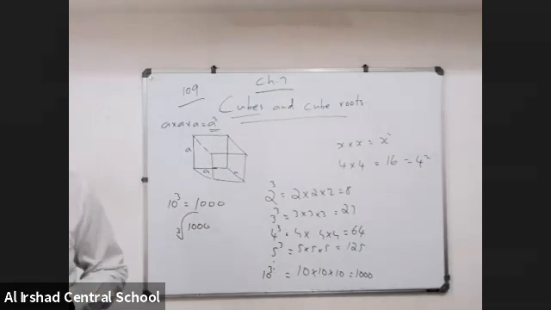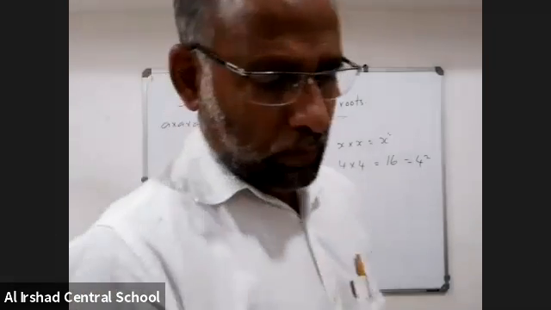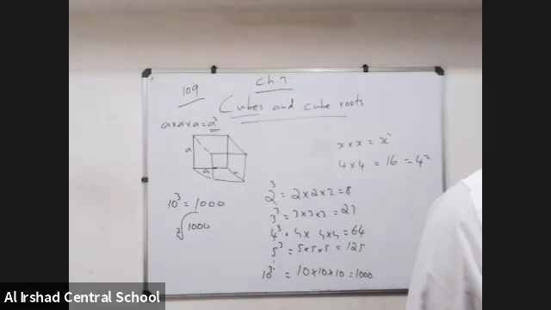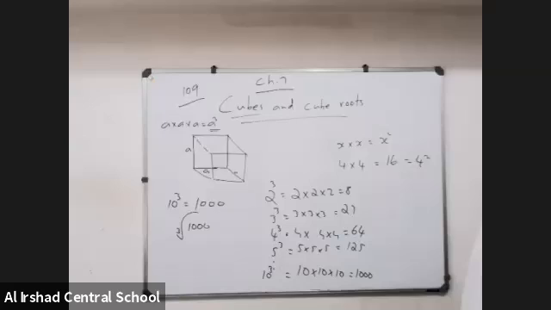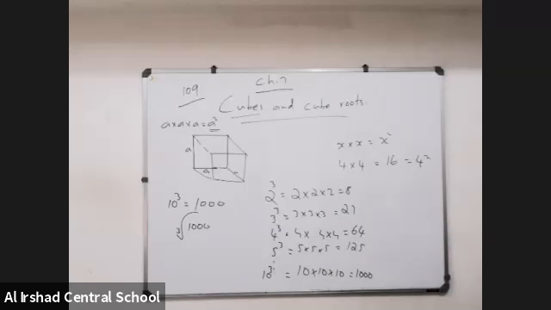Okay, now in the textbook, figures which have 3 dimensions are known as solid figures. That is cube. After that you can see the page number 110, all of you open 110. 1 cube, 2 cube, 3 cube, 4 cube, everything is there. Can you see that?